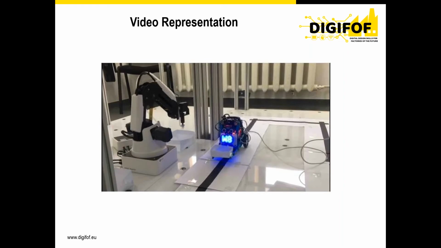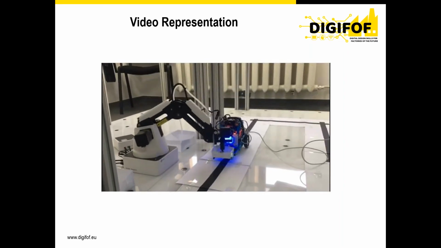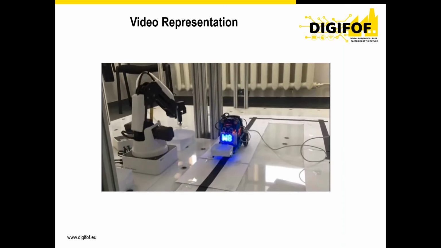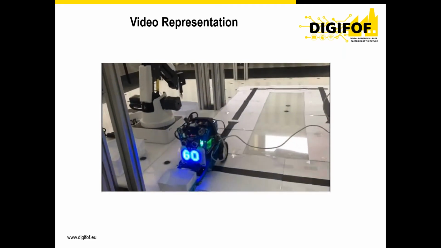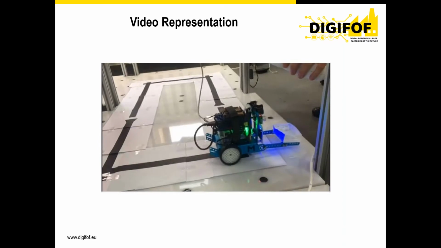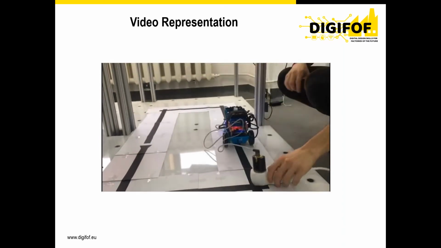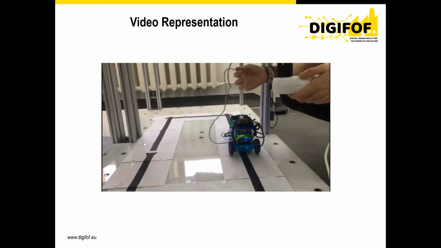For my example, I chose to pick up two pieces and store them in the left container, and then it will come back to the loading station, fill up with two more pieces, and then when it comes back to the Dobot, those pieces will be stored in the right side.